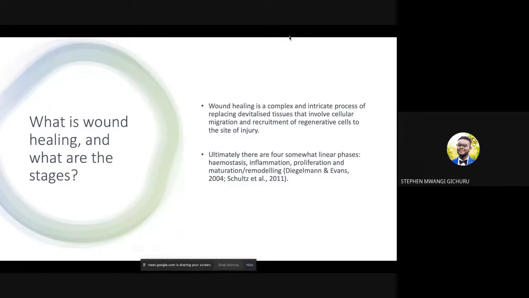remodeling. I don't know whether Karaoke can tell us more about remodeling. I think that it's just one or two steps only. Karaoke.